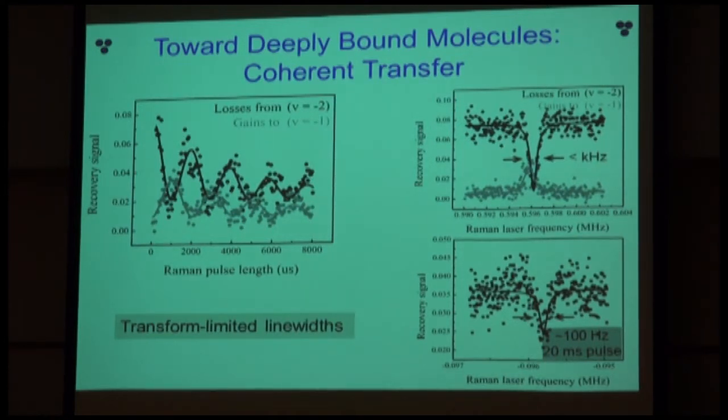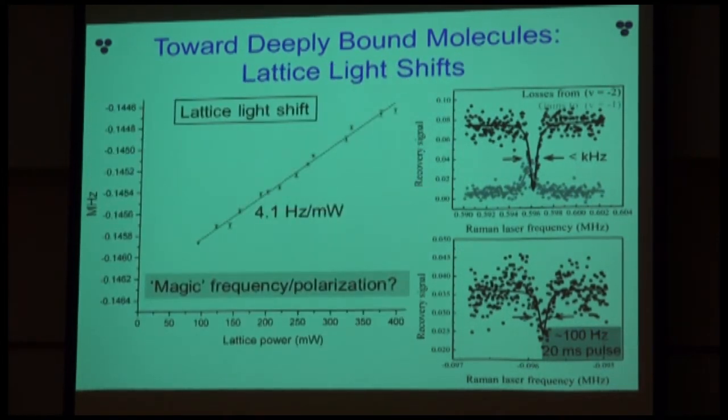Ideally, we would like to narrow this by another order of magnitude or 2 orders of magnitude down to hertz level. The reason it's now limited to 100 hertz, I think, is because of the differential lattice Stark shift. They're sitting in an optical lattice which is at 914 nanometers, which happens to be a magic wavelength for the atomic transition. But here, when we go from one molecular vibrational state to another, although the polarizabilities are quite similar, they're just not the same for a weakly bound molecule versus a deeply bound molecule.